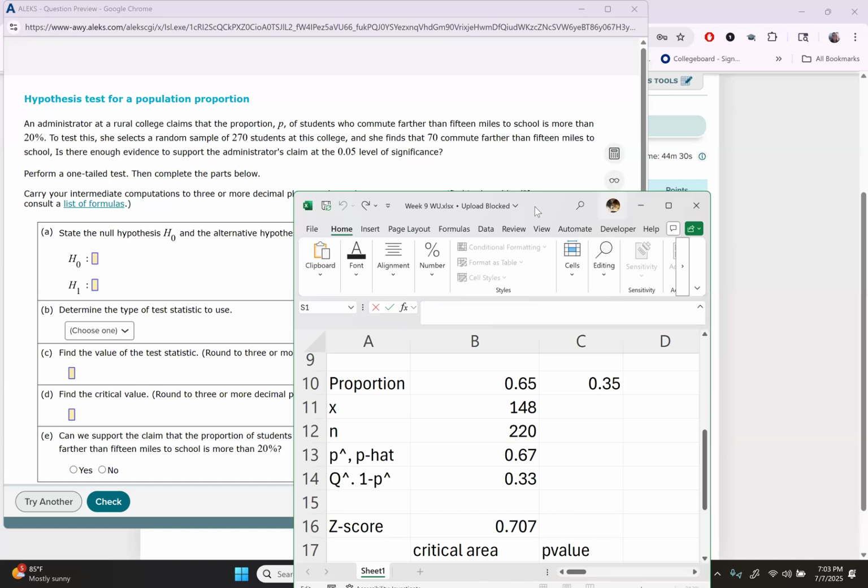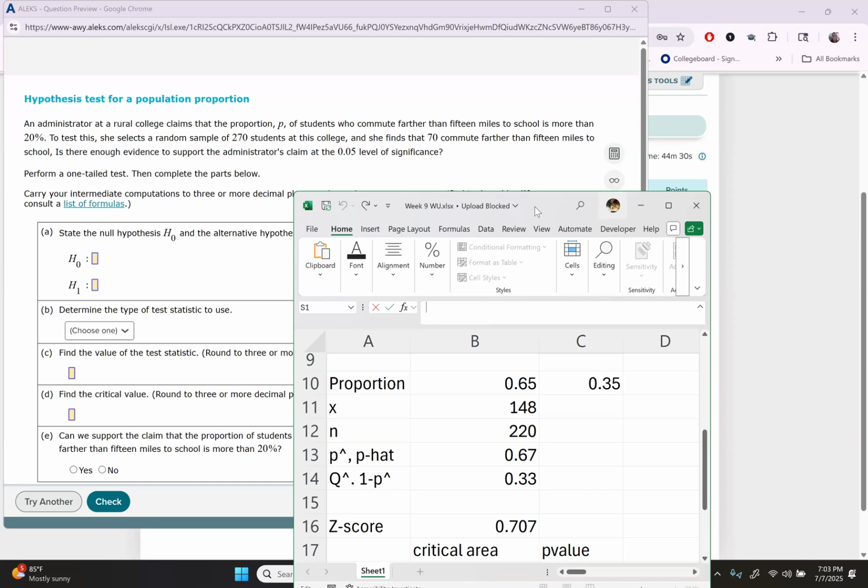To test this, she selects a random sample of 270 students of college, and she finds that 70 commute further than 15 miles to school. Is there enough evidence to support the claim at the 0.05 level of significance? So further than 15 miles.